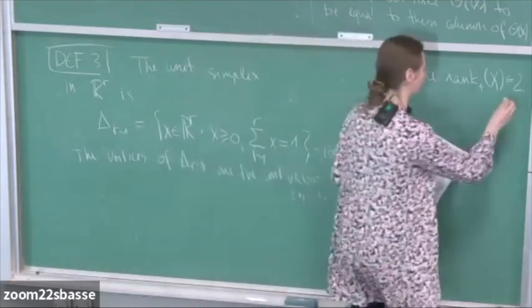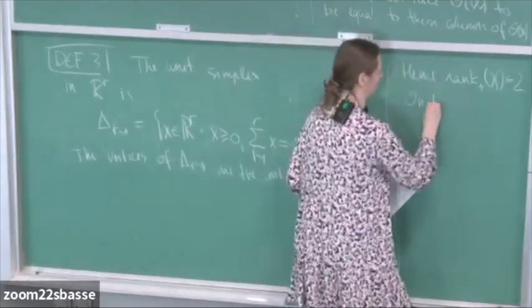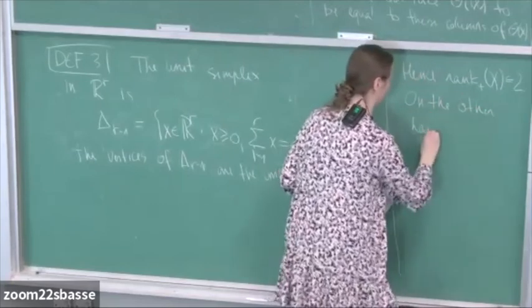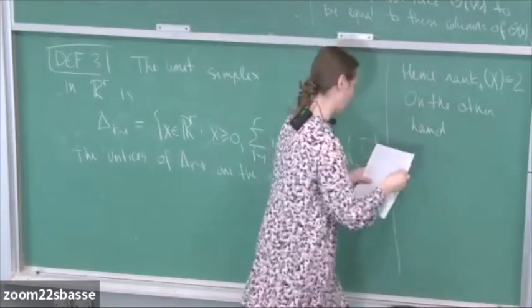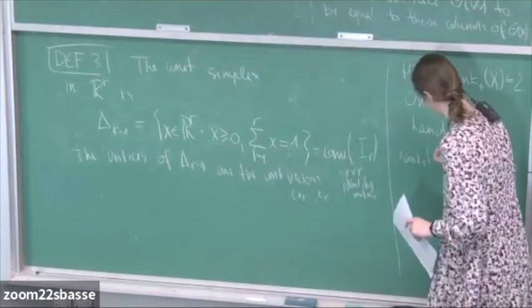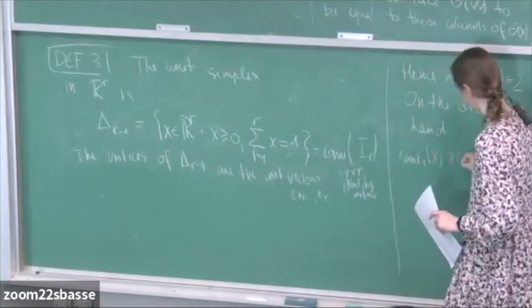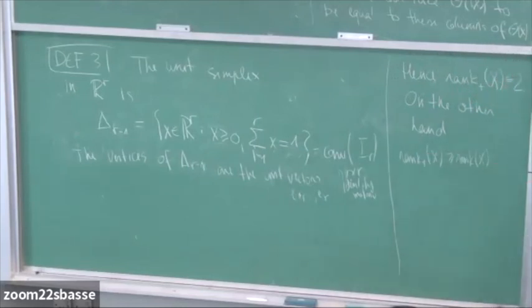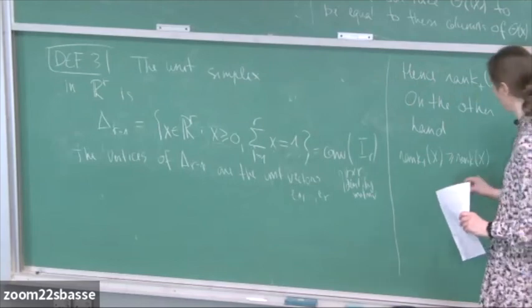On the other hand, non-negative rank is greater than or equal to rank. This was also one of the properties from yesterday, but this I'm claiming is easy to prove.